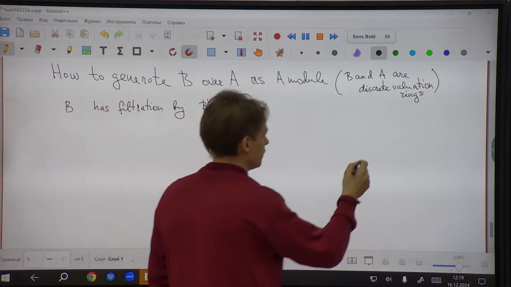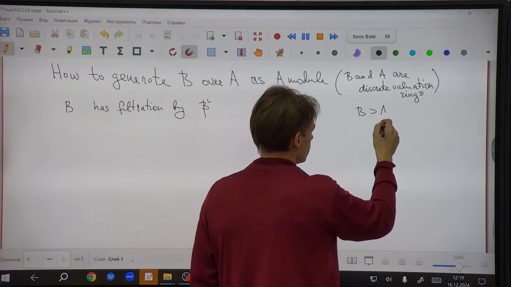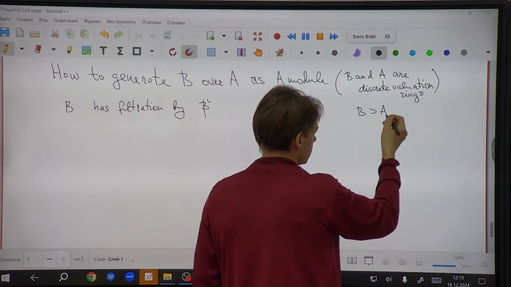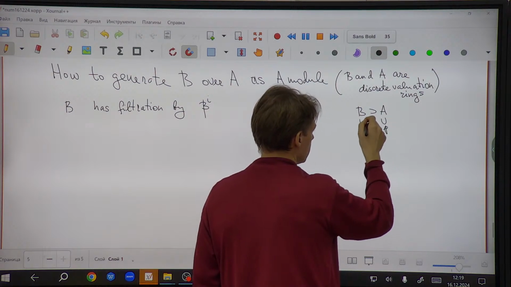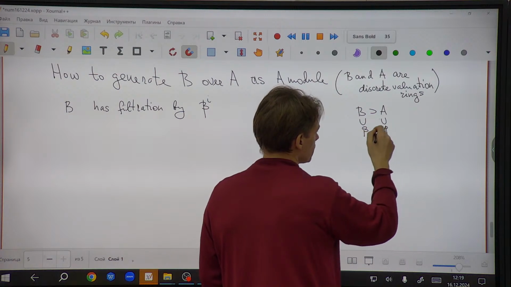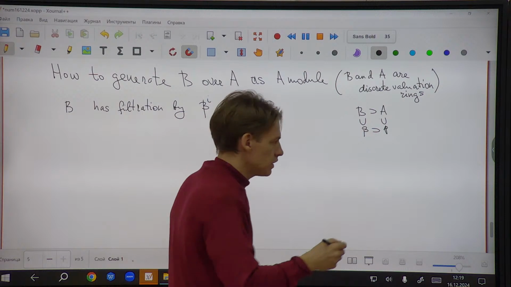If you have B, you take an ideal inside A and an ideal inside P, and you just reduce this. So this is the general case.